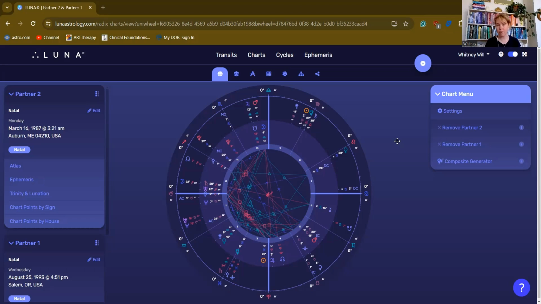And then what we are going to look at is comparing the more salient parts of the chart to each other to see how they function together. One of the things that we look at is the sun sign of the individuals. The moon sign, even more important.